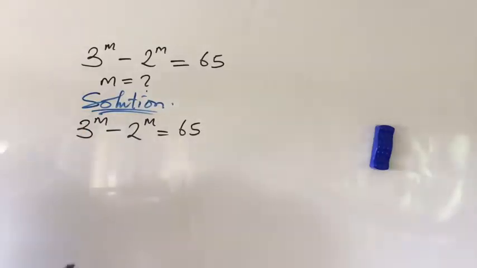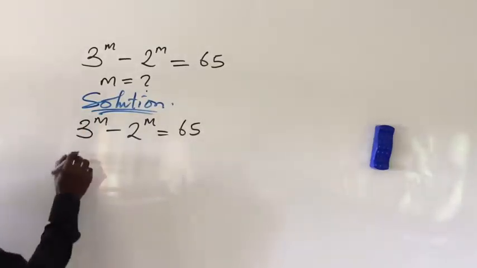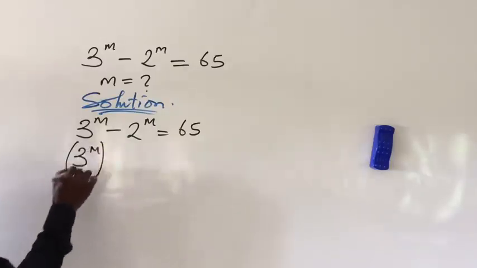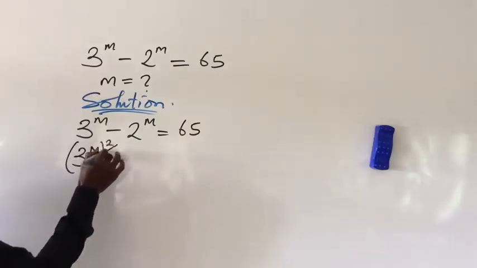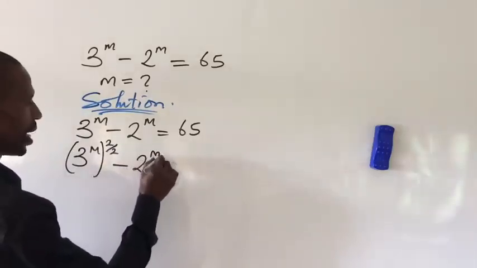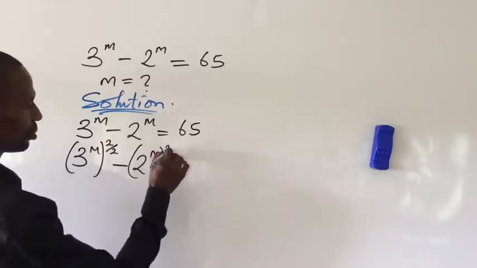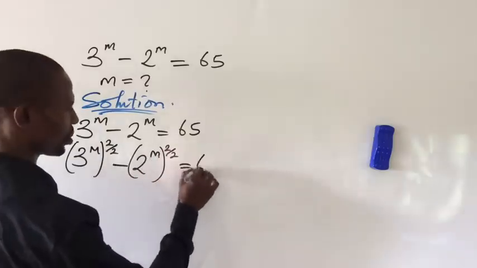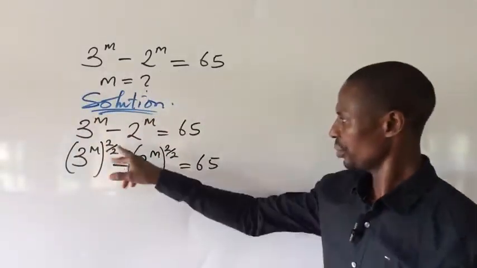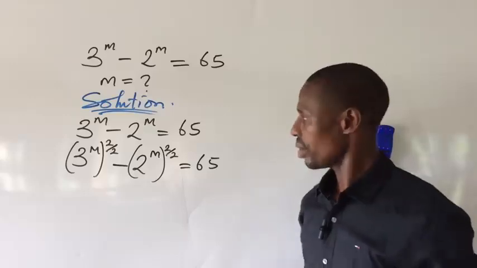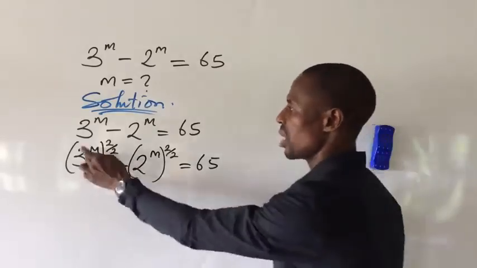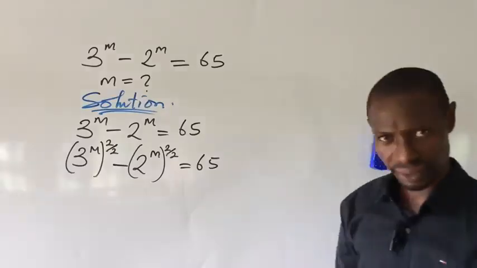And so I can rewrite this expression here as 3 to the power of m, all to the power of 2 all over 2, minus 2 to the power of m, all to the power of 2 all over 2, equal to 65. Now take a look at this. Here, 2 all over 2 will give us 1. Then 1 times m will give us m. So 3 to the power of m is still the same thing as whatever we have here.